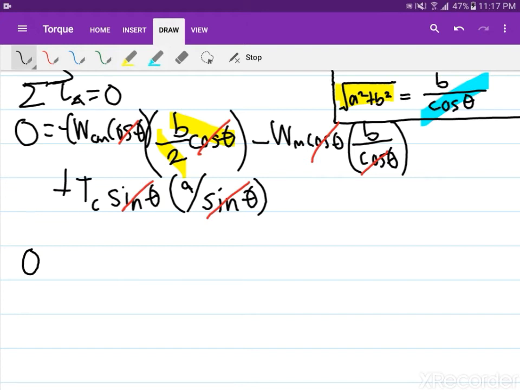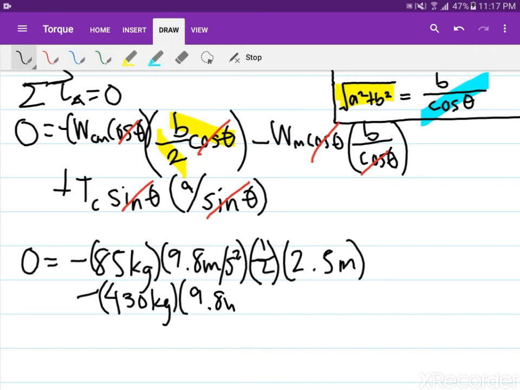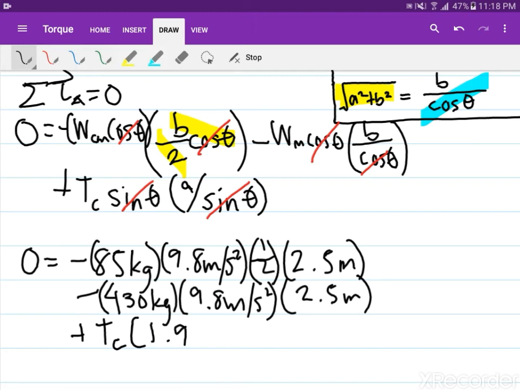So putting in the values, we have 0 equals minus 85 kilograms, which is the mass of the beam, times g, times one half times B, which is 2.5 meters, minus the mass of the safe, 430 kilograms, times g, times the full length of B again, 2.5 meters, and then lastly plus tension on cable times A, which is 1.9 meters.